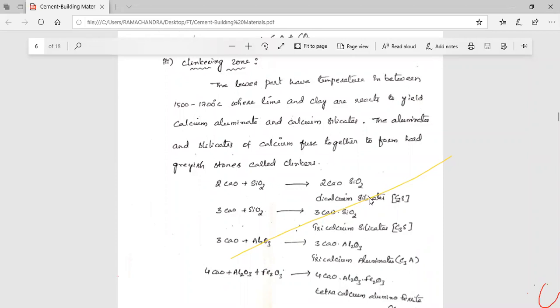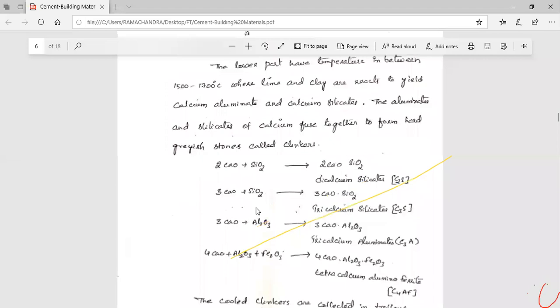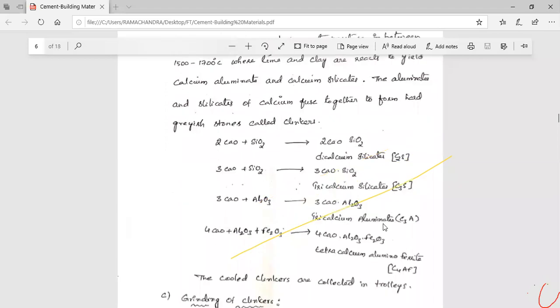The first one is dicalcium silicates, which is 45% on average. Next, calcium oxide and silicon dioxide at 1500 to 1700 degrees Celsius combine to give tricalcium silicates, which is 25% on average. Then calcium oxide reacts with aluminum trioxide to give tricalcium aluminate, which is only 1% on average in Portland cement.